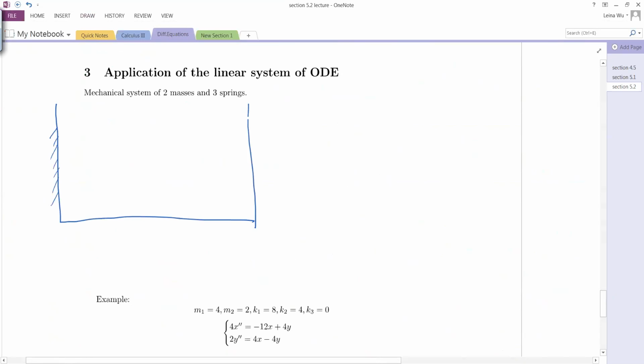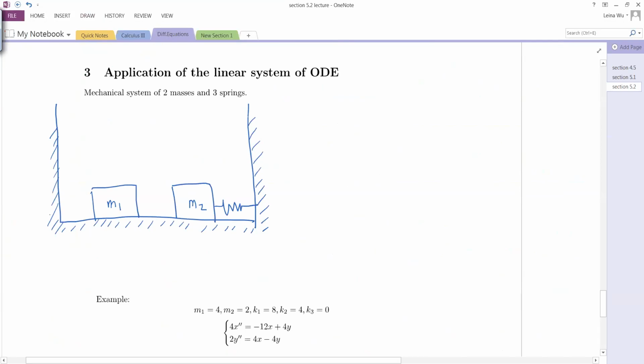Suppose you have the wall here on the left and the right, and the ground. And we have 2 masses, mass 1, mass 2, M1, M2.